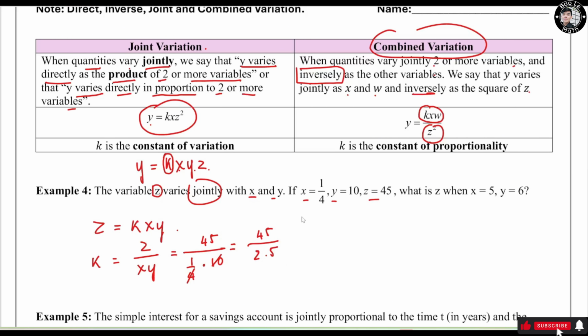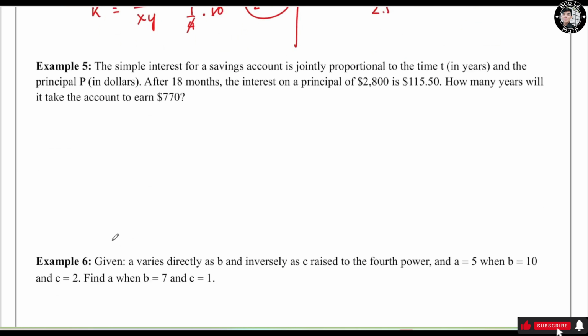Now, we need to solve for z when s equals 5 and y equals 6. So we have z equals k times s times y, so z equals 2.5 times 5 times 6.